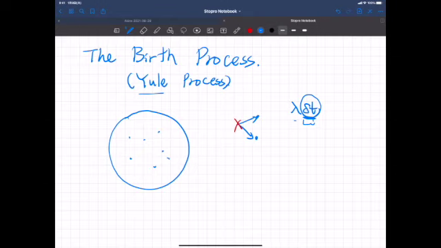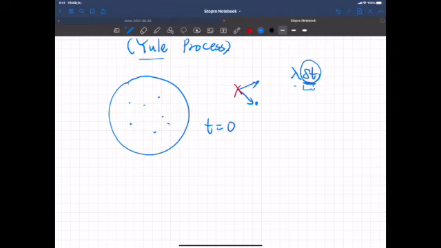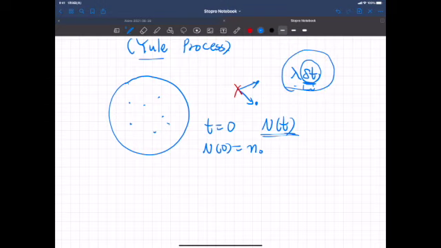So here's the scenario. We start from time t equal to 0, where the number of bacteria at this time, denoted by N of t, is some number. The probability that an individual cell divides is given by lambda times delta t, where delta t is a small positive real number and lambda is also a positive real number.